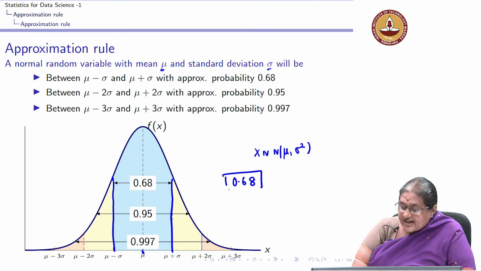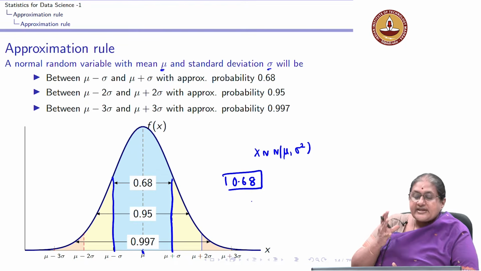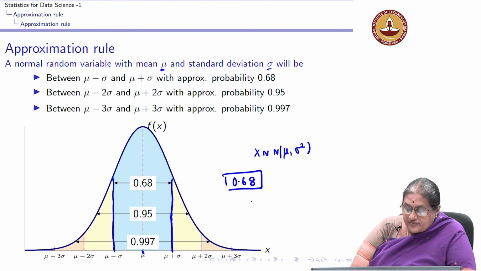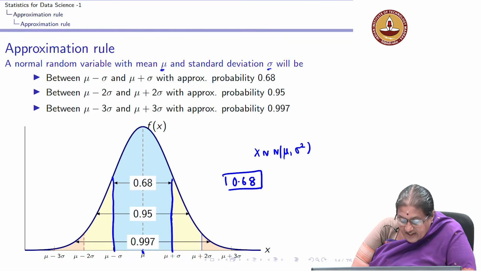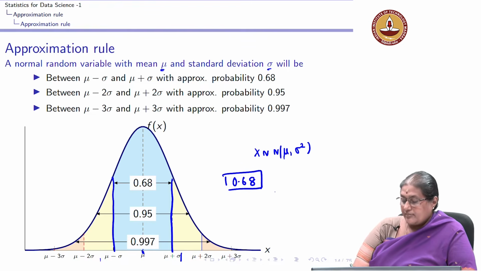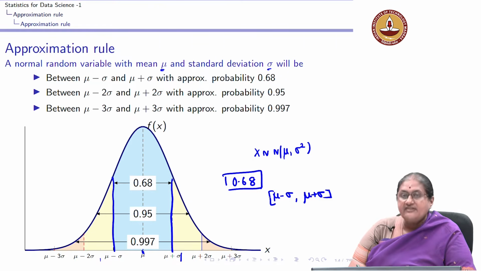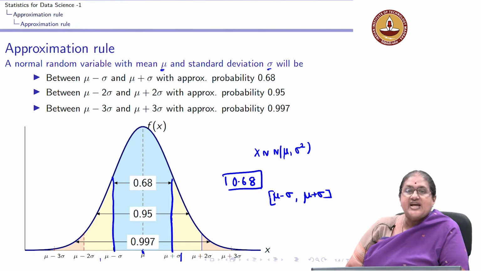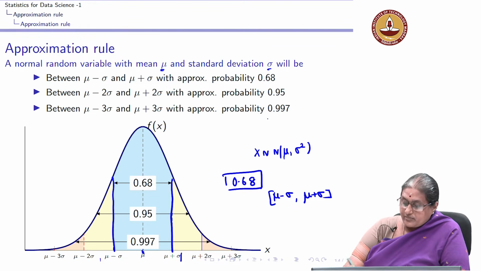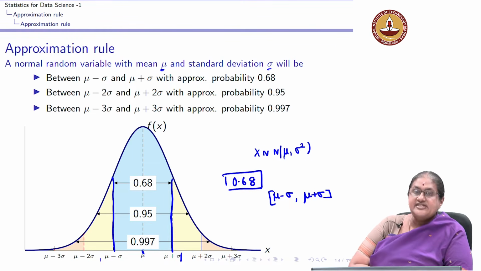It tells us that 68% of my observations are within one standard deviation of the mean, because I know mu minus sigma to mu plus sigma is the interval which is within one standard deviation of the mean, because the standard deviation is sigma.